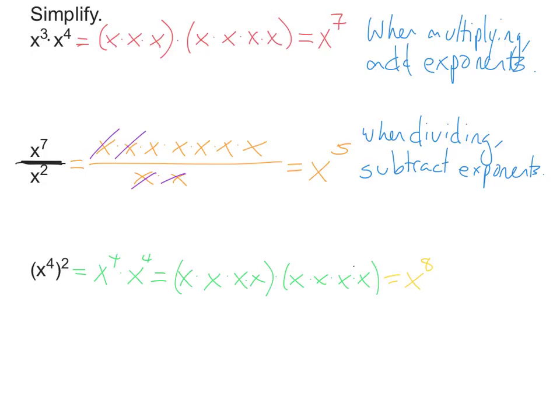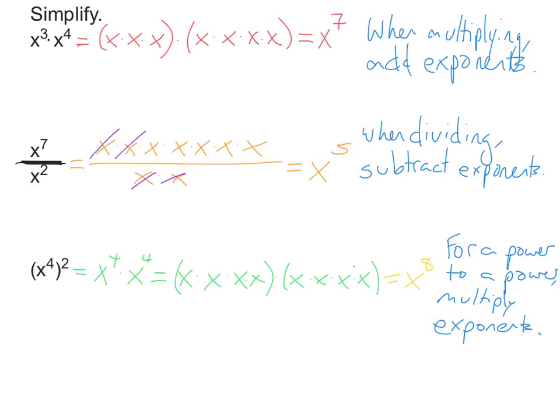If you count up 8 x's all multiplying together. And so the rule here was, for a power to a power, multiply exponents. And so you can see how the 4 times the 2 makes 8 in this bottom one.